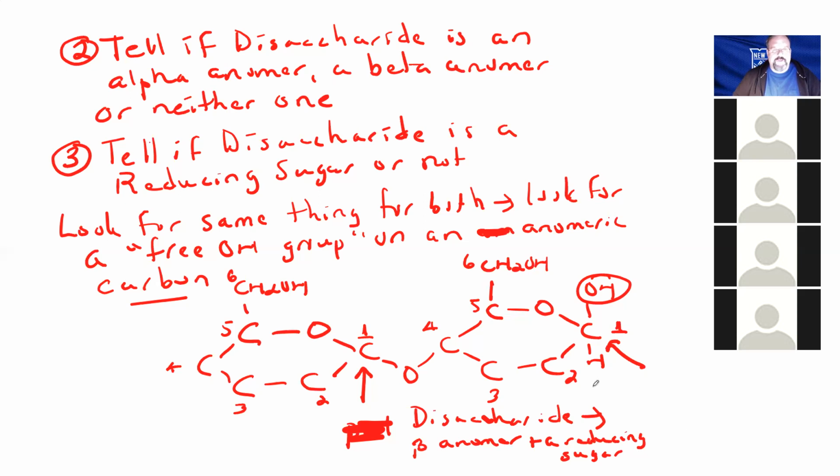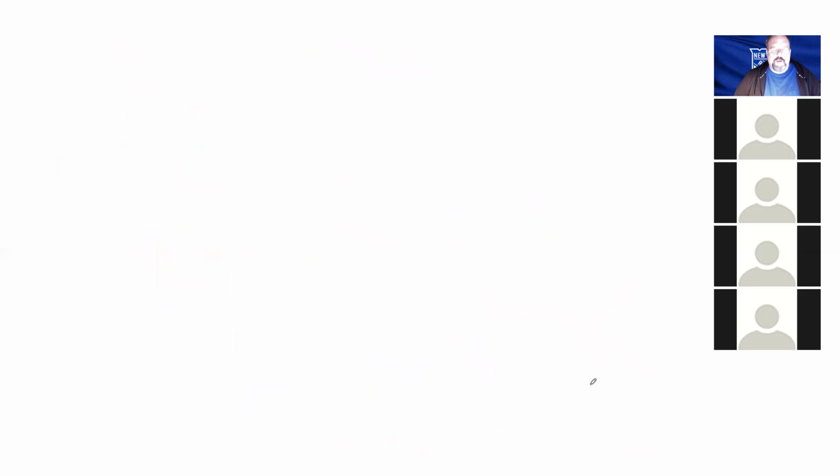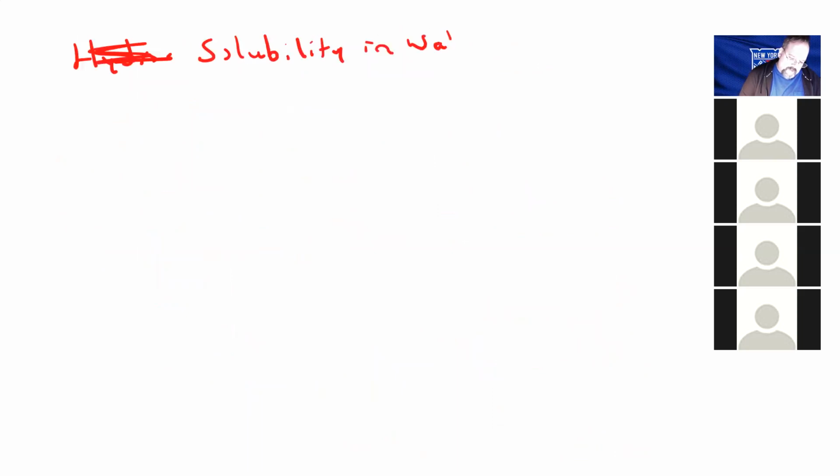All right, so that was actually most of what I had in terms of carbohydrates. Let me go back a little bit. And again, if anybody has any questions about anything in general, you can feel free to jump in. Let me just go back and talk a little bit more. So in chapter 12, in our office hour sessions, we spent some time talking about aldehydes and ketones and their solubility in water.